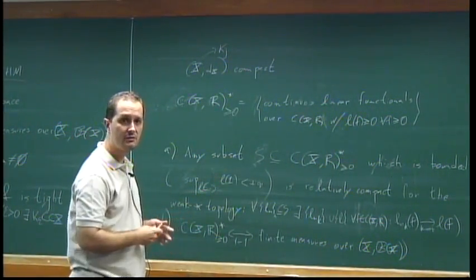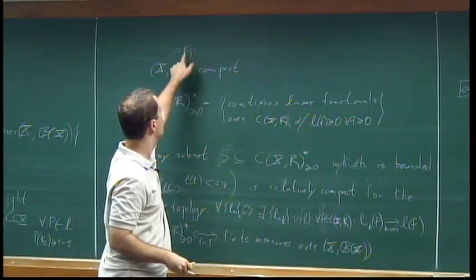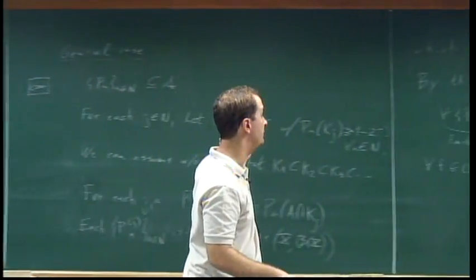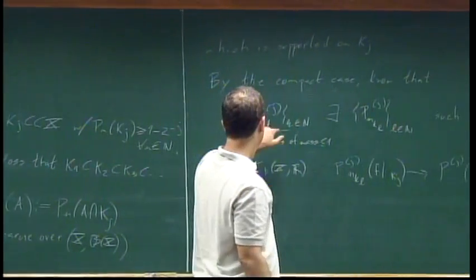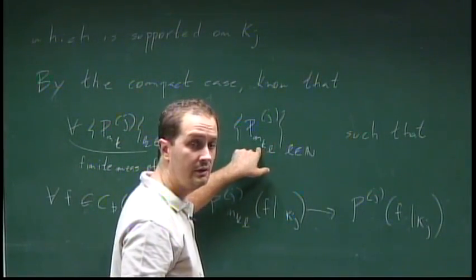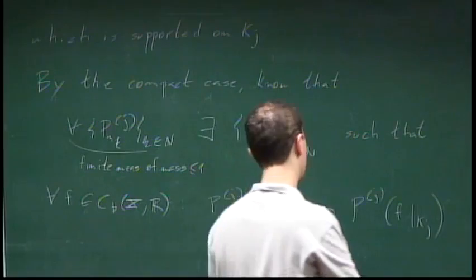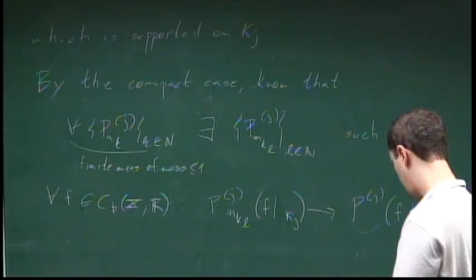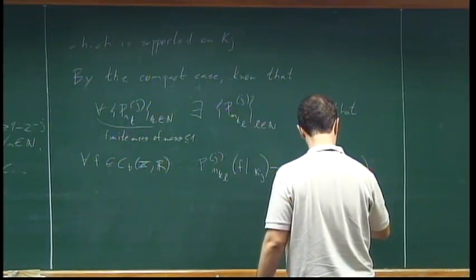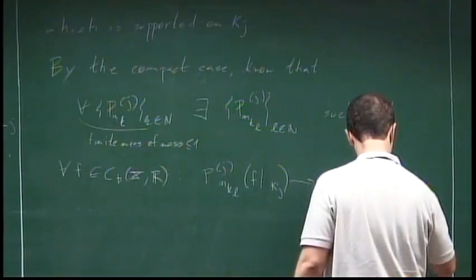So I have a sequence of measures over this set Kj, which is compact, right? With induced topology, induced sigma field, and everything. So given such a sequence, I can find a convergent subsequence of measures, right? These are not necessarily probability measures. Well, all I know is that Pj of Kj is less than or equal to 1.